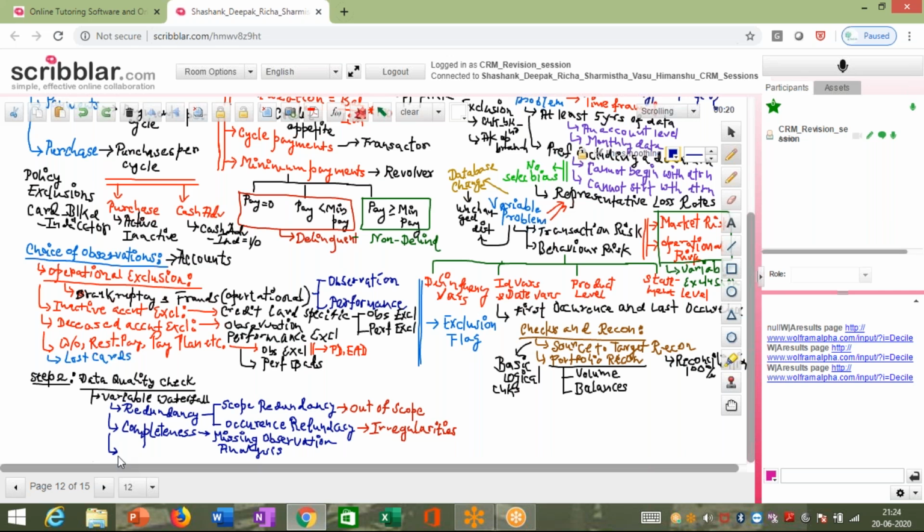So the second point that we put over here is the structural stability, or the behavioral stability of the variable. More or less the structural stability of the variable.